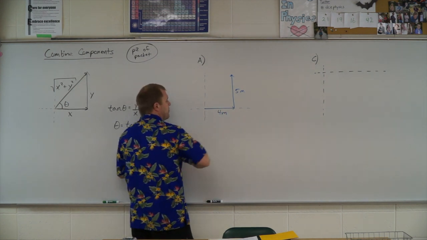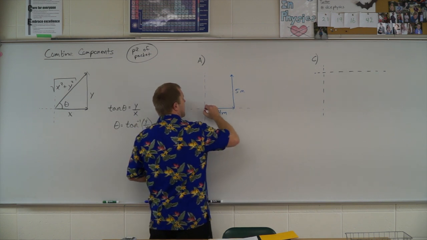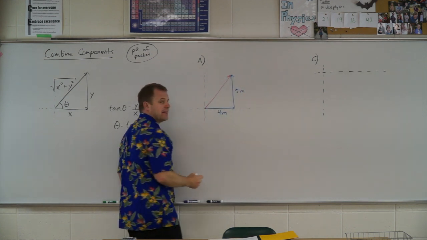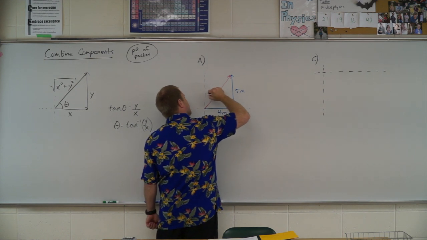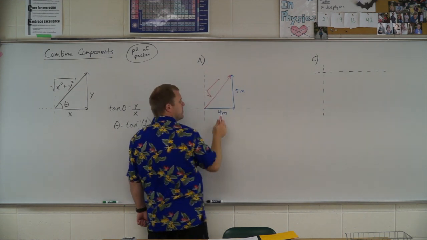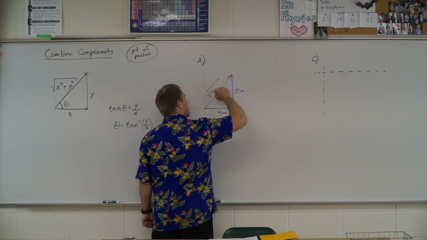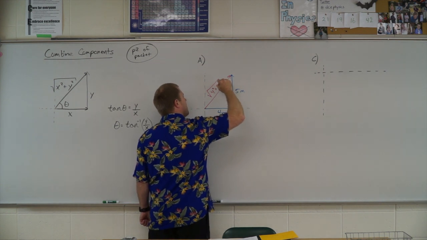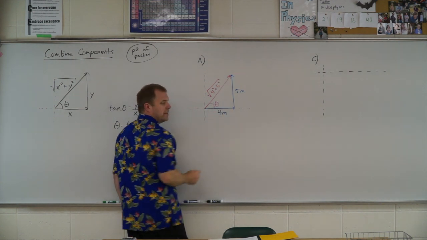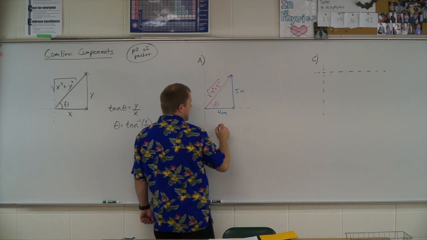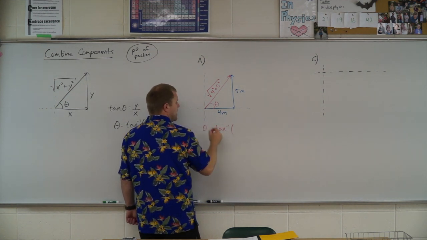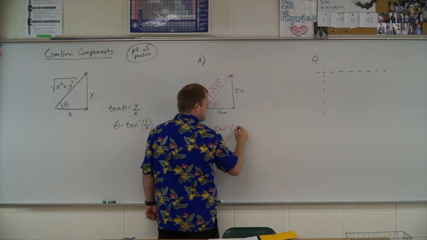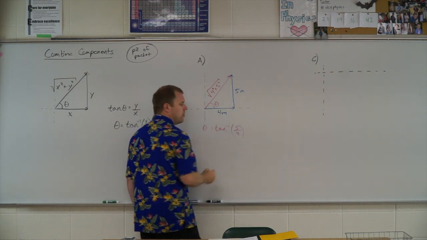I now need to find the resultant vector, it's called, which is to find the magnitude and the direction. In order to find this magnitude, I'm going to take the square root of the two legs squared and added together. So I have 4 squared plus 5 squared. And to find this angle theta, I'm going to take the inverse tangent of the opposite side, 5, divided by the adjacent side, 4.